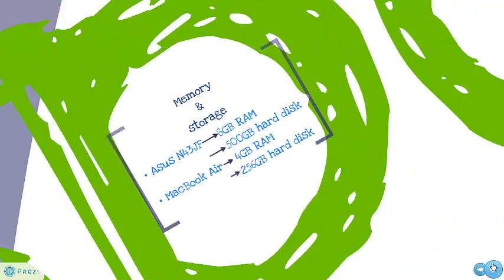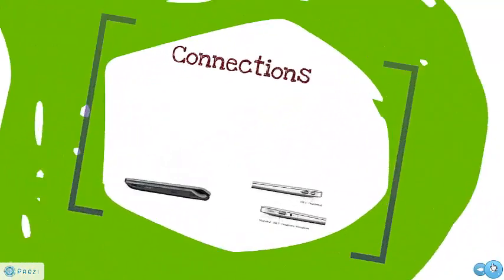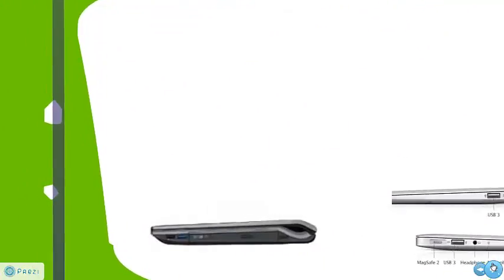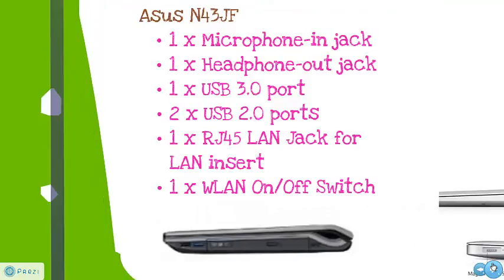There is also difference in connections between ASUS N43JF and MacBook Air. Asus N43JF consists of one microphone in jack, one headphone out jack, one USB 3.0 port, two USB 2.0 ports, one RJ45 LAN jack for LAN insert, and one W-LAN on-off switch.